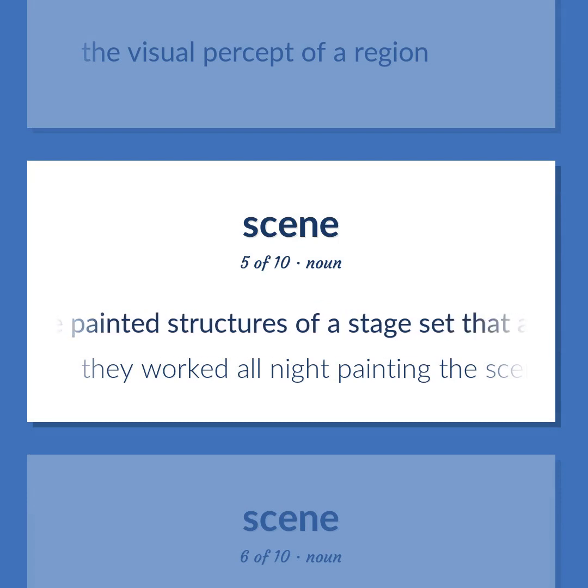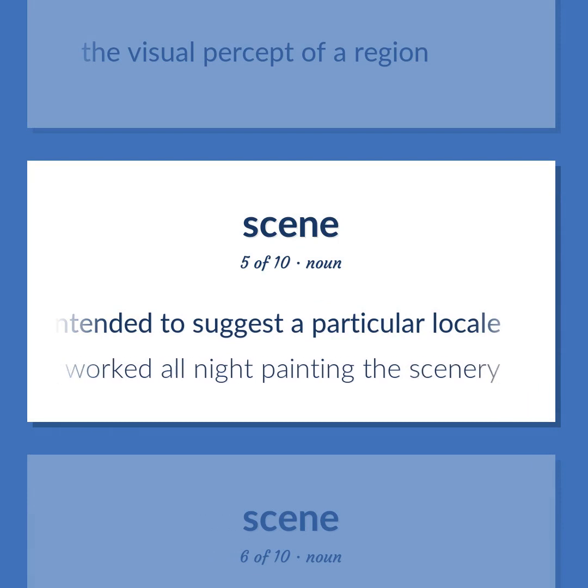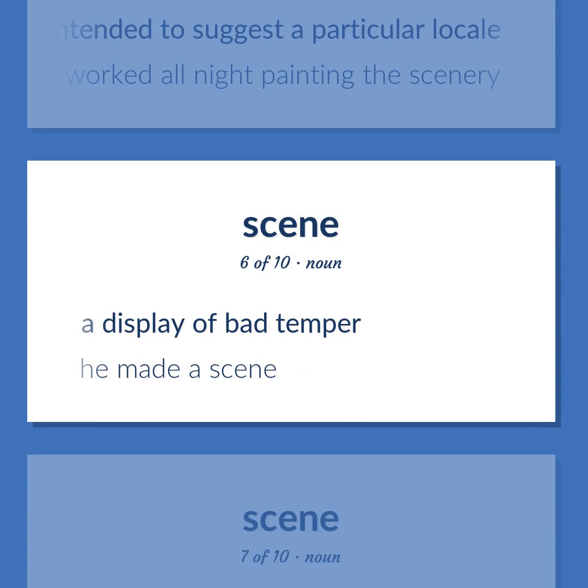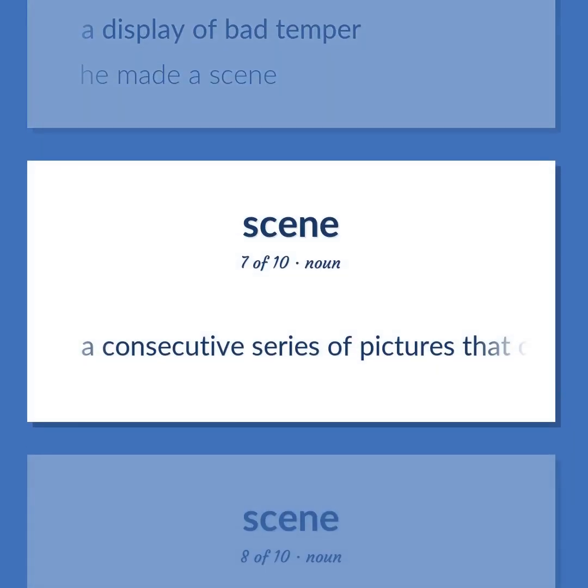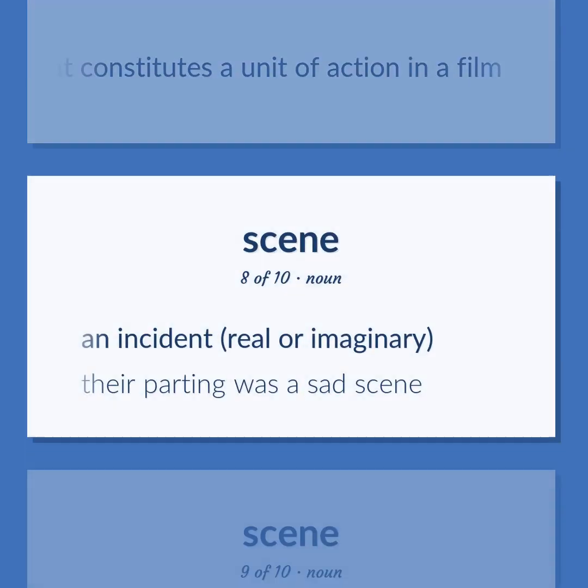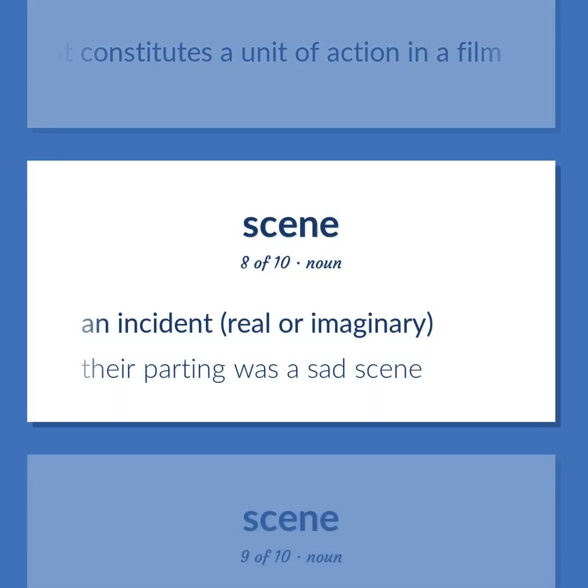The painted structures of a stage set that are intended to suggest a particular locale. They worked all night painting the scenery. A display of bad temper. He made a scene. A consecutive series of pictures that constitutes a unit of action in a film. An incident, real or imaginary. Their parting was a sad scene.